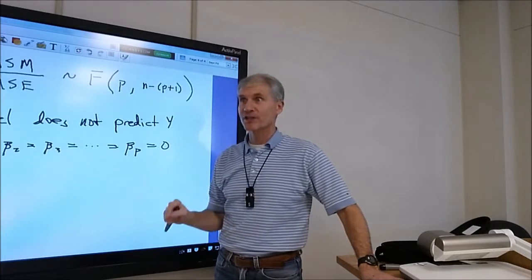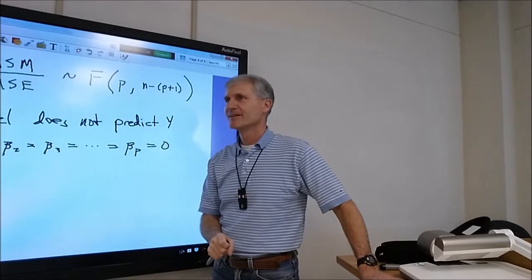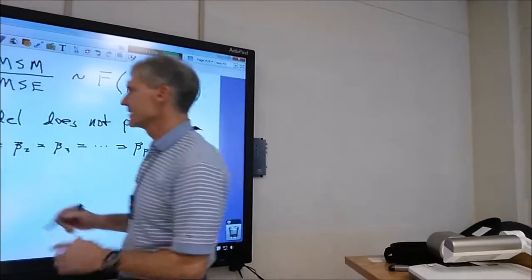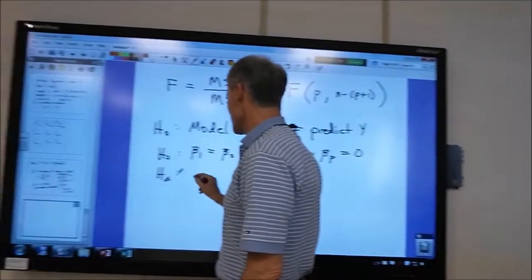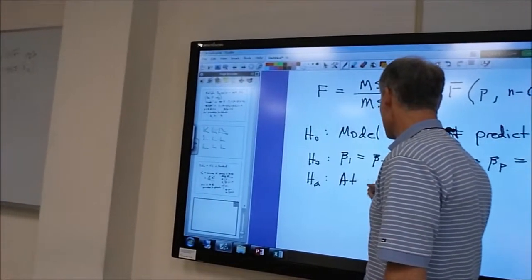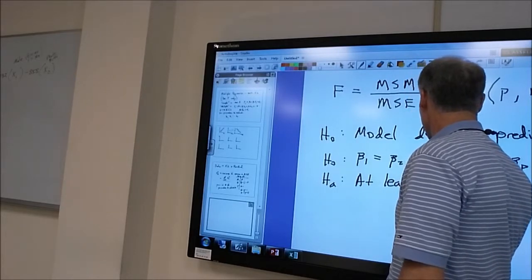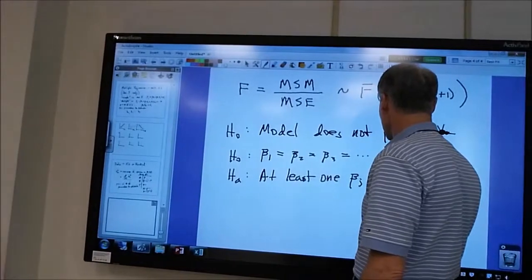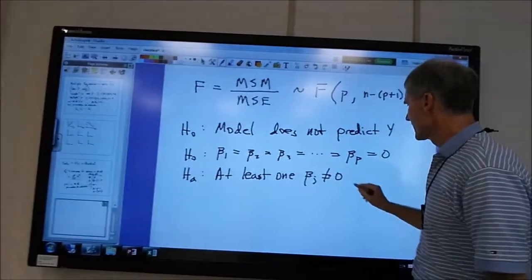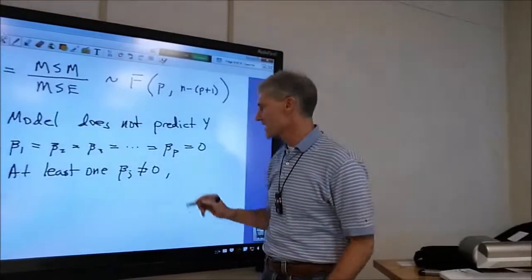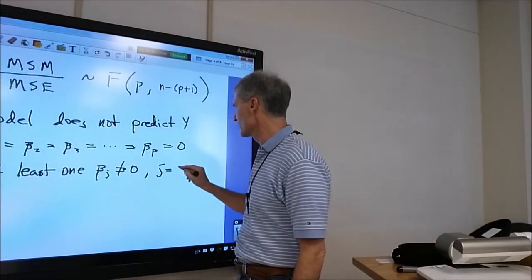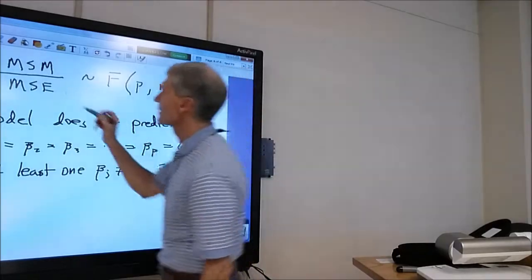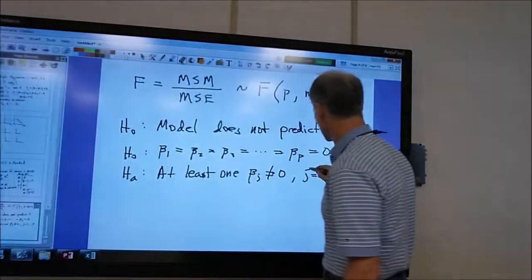They're not all 0, which means, what did you say, Laura? At least one is not 0. So it's hard to write that out, but I always say this: at least 1 beta sub j not equal 0. And then if you want to get really precise, you say j equal 1 dot dot dot to p.